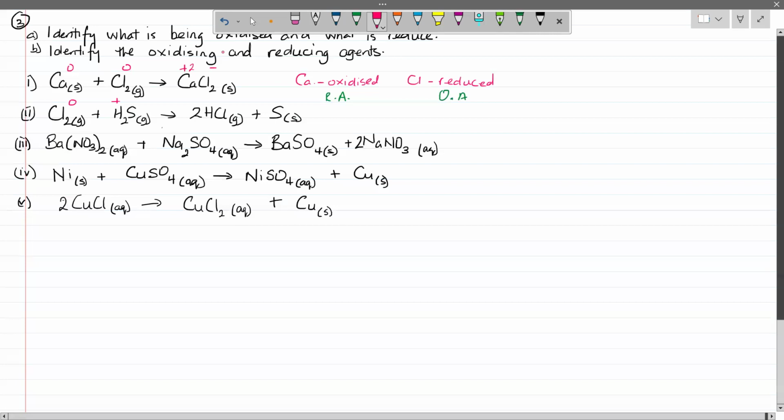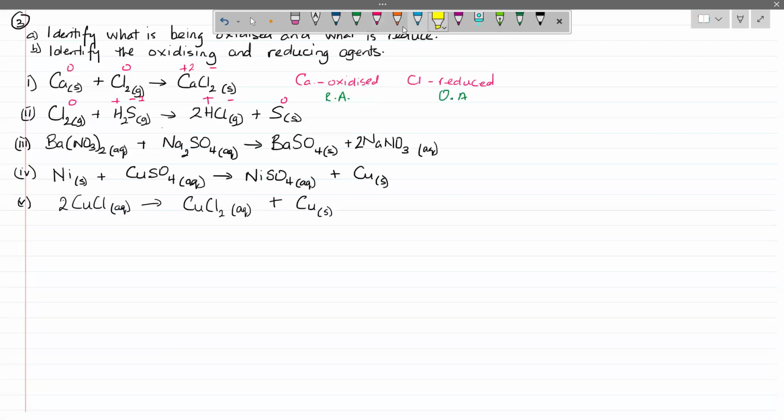And I believe that's the rare instance where it will have a -1 charge. The sulfur is a -2. Now you're looking on the opposite side to see what's happening here. So hydrogen is a plus, chlorine is a minus, sulfur here is going to 0.